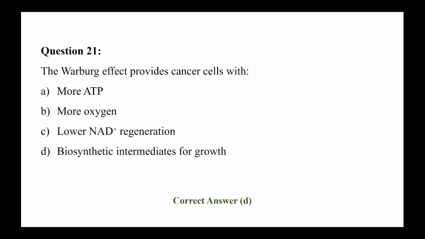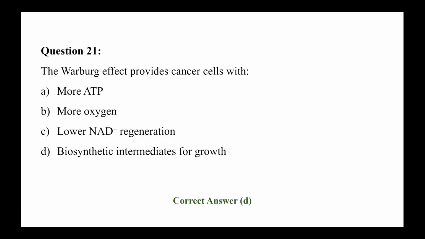Then again, DHAP can enter some other pathway. So, like that, different intermediates can be used for the growth of the cell. The cell does not want to do any of the other metabolic pathways that you have studied. It just wants to grow continuously. It just wants to divide continuously.